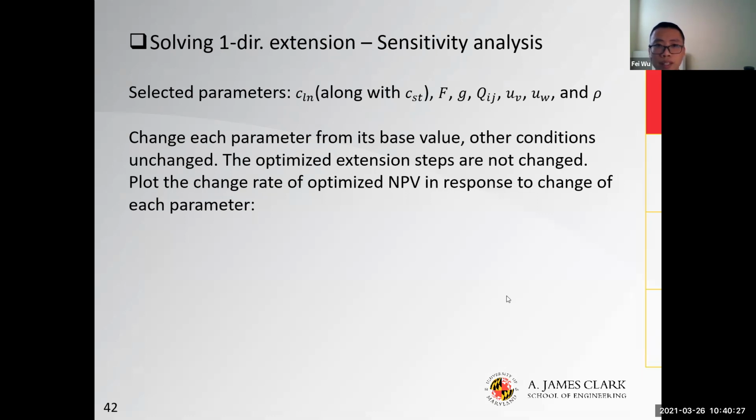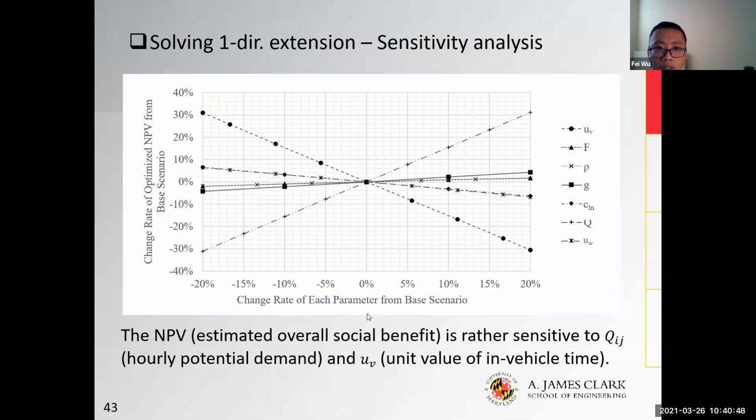In the sensitivity analysis, we choose some parameters for comparing the sensitivity of results to these parameters, and we change each parameter from the base value with other conditions unchanged. Then we can compare the change of the optimized net present value with respect to these changes of parameters.